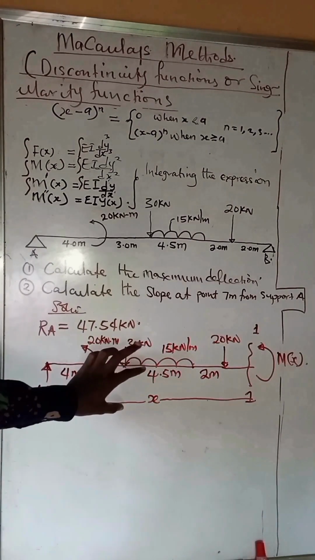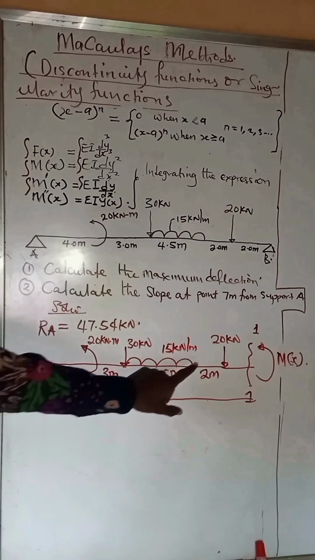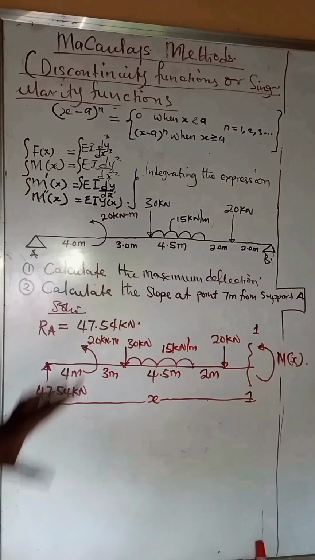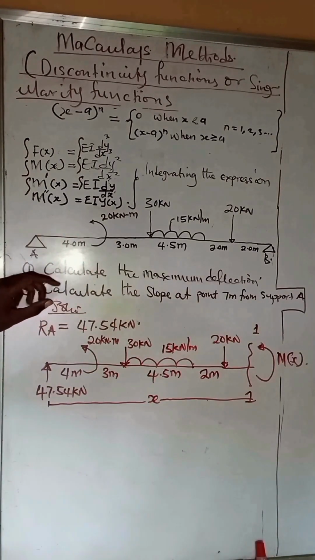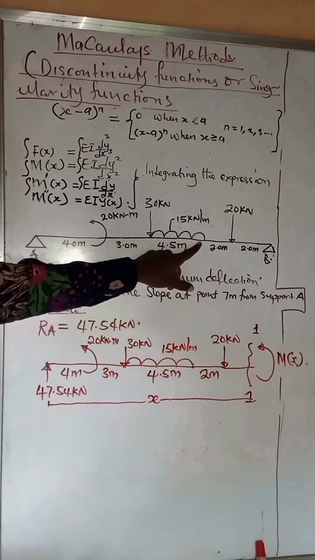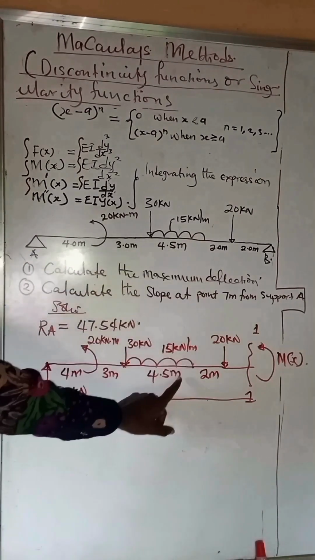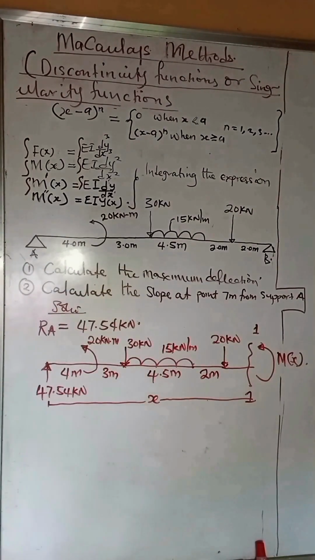When you have a UDL of this nature that didn't run down to the end of the beam, you might have some little challenges. So you are not expected to take your moment expression the way you do it when you are dealing with bending moment and shear force.